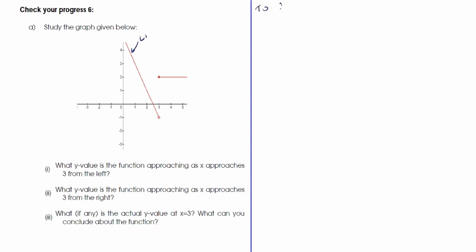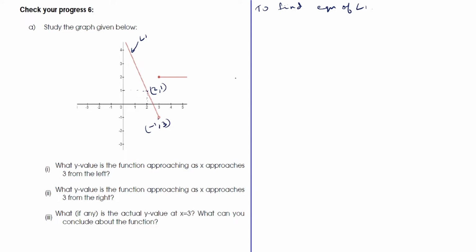So first to find the equation of L1. Here we have 2 points. This point is minus 1 comma 3, and if we draw a straight line here, we have this point as 2 comma 1.